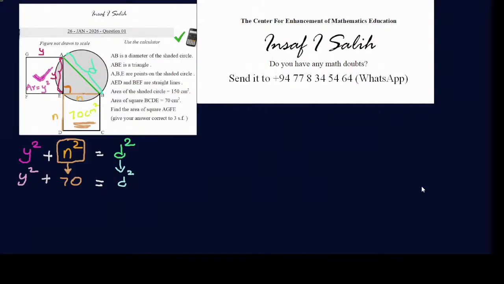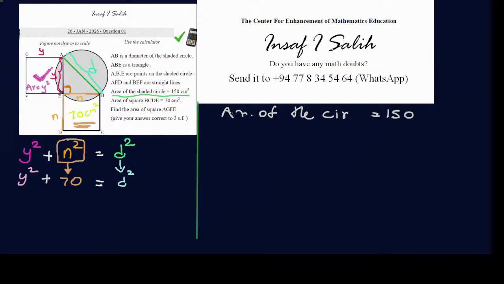How do we find that? For that, we can use this fact. We have been told the area of the circle is 150 square centimeters. So let's write that: area of the circle is 150 square centimeters.